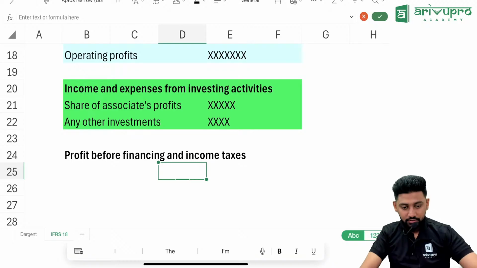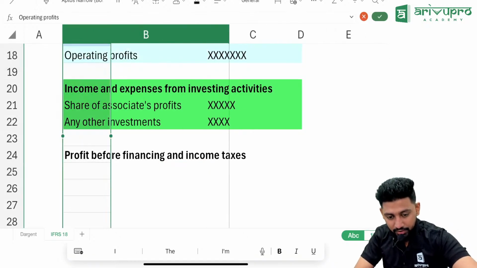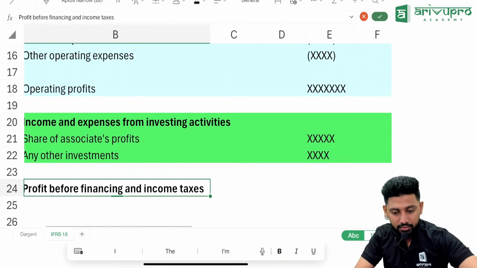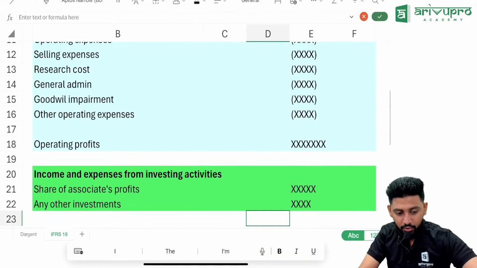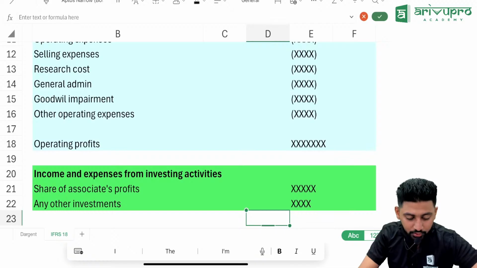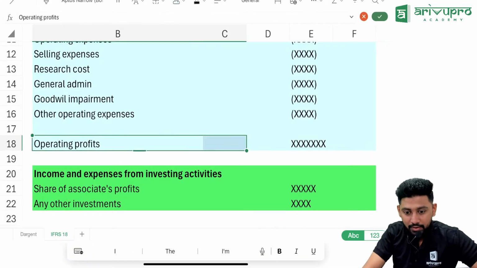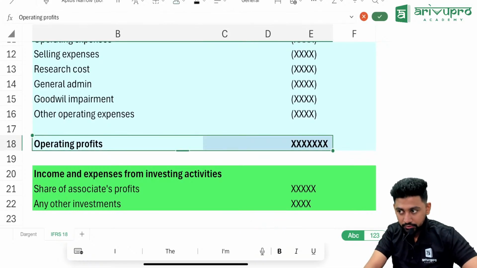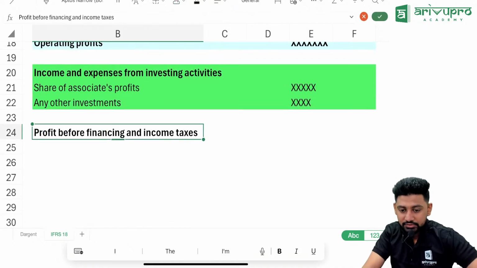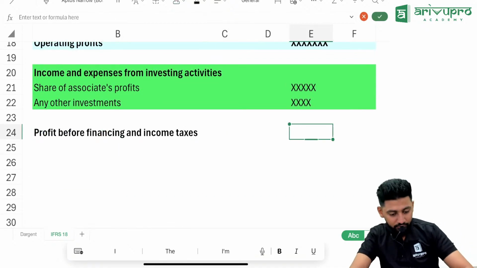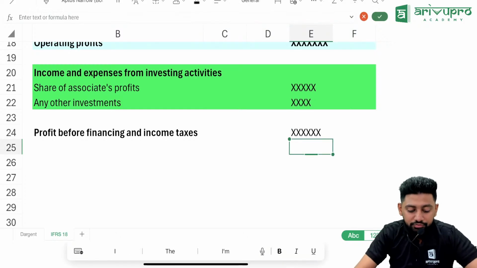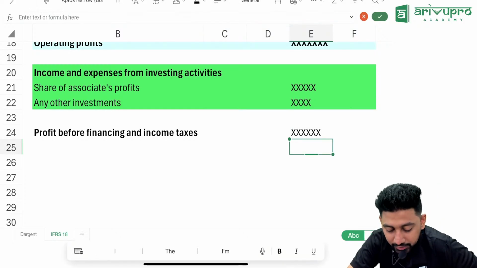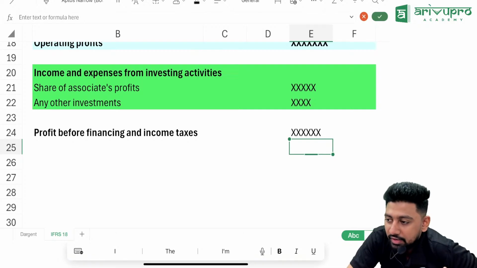Now basically I will be taking my profit before financing and income taxes, like how I showed my operating profit here, my mandatory total. This is my mandatory total, correct? And this is my second mandatory total. So out of my 5 primary headings, how many have I covered? 2 I have covered, correct?